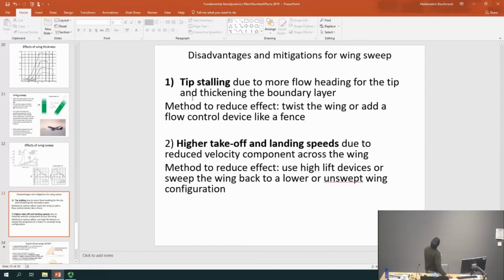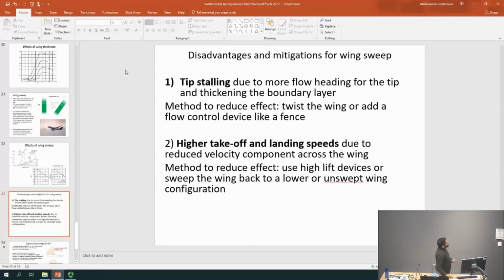We're all colleagues. The first problem with sweeping the wing is tip stalling, due to more flow heading to the tip, and the boundary layer becoming thicker and possibly separating. And of course, a thicker boundary layer is not good because you get more viscous drag.